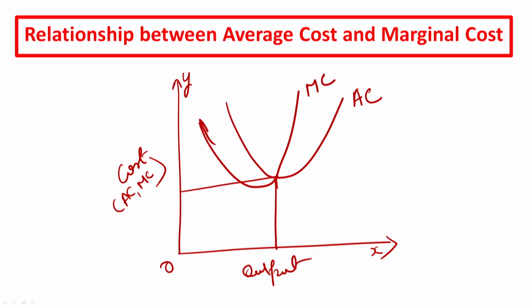This is your marginal cost. So, this is the graph representing the relationship between average cost and marginal cost.